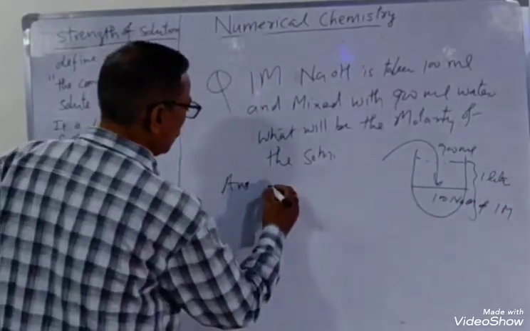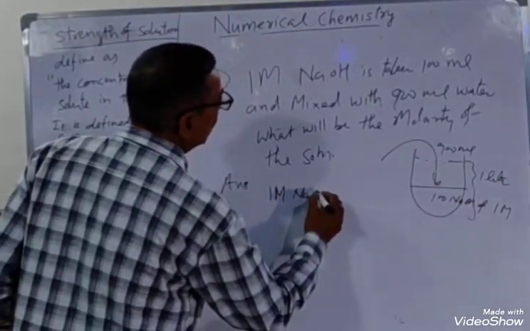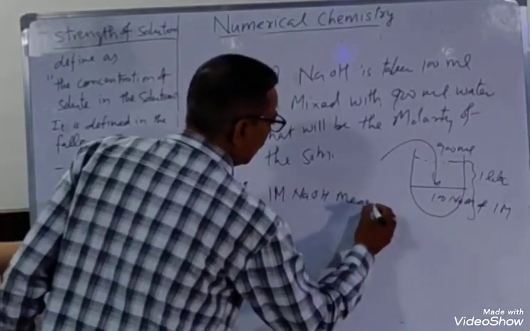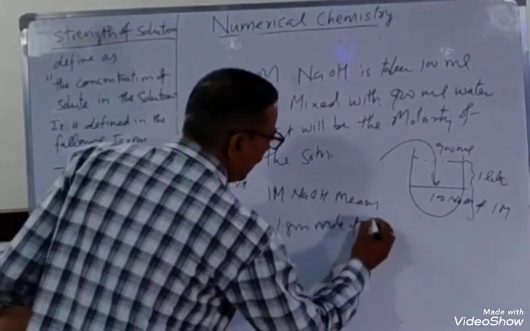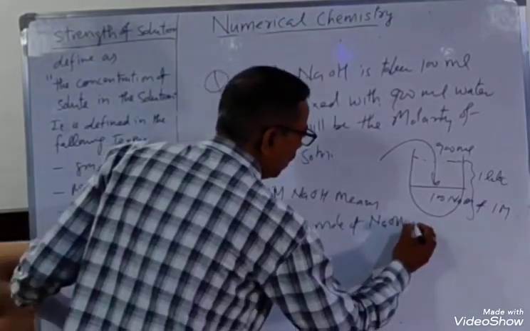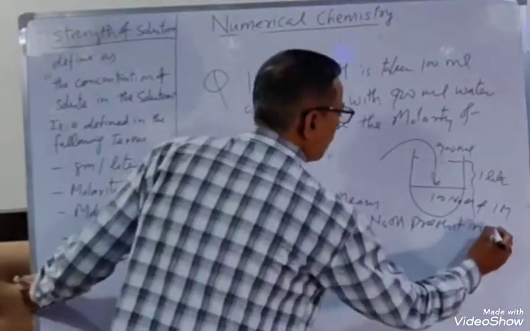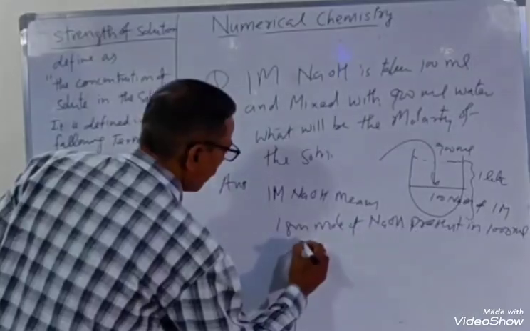So 1 M NaOH means 1 gram mole of NaOH present in 1000 ml solution.